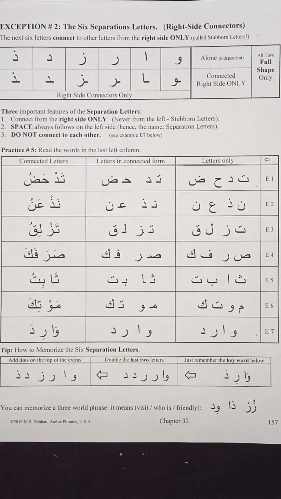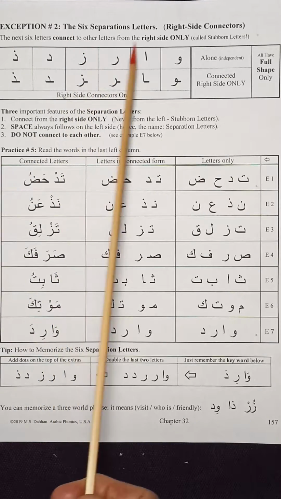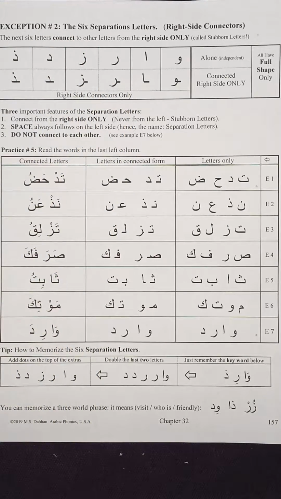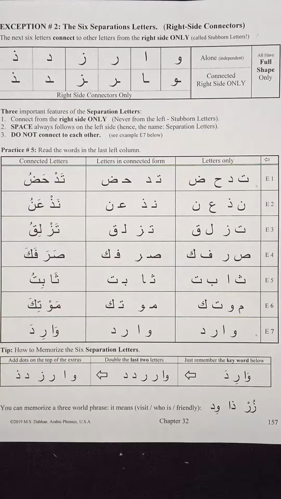I didn't talk too much in the beginning of the chapter about so many things, but here you go. These are the exception to the connection rules, and we call them the six separation letters. From their name, what does the word separation letters mean? They have a space that comes after them on the left side, because we read Arabic from right to left.